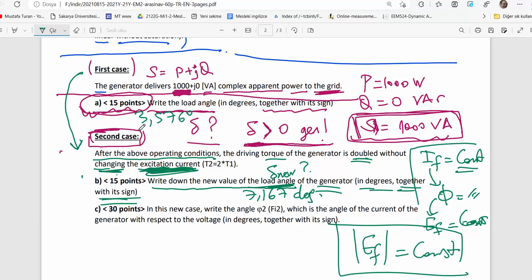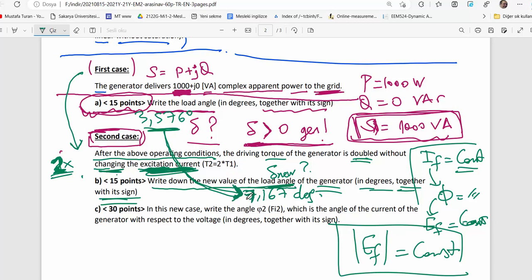3.576 degrees. So when you double the input torque, there is an increase in delta, as you see. If you keep increasing input torque, delta will keep increasing. As you know, the limit is 90 degrees.